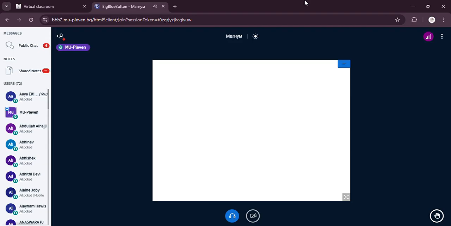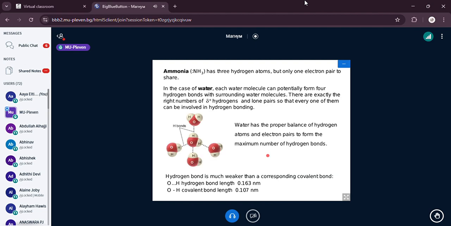If we talk about ammonia, this is a molecule of ammonia. We can see that ammonia has 3 hydrogen atoms that can participate in formation of hydrogen bonds, and only 1 electron pair available for hydrogen bonding.